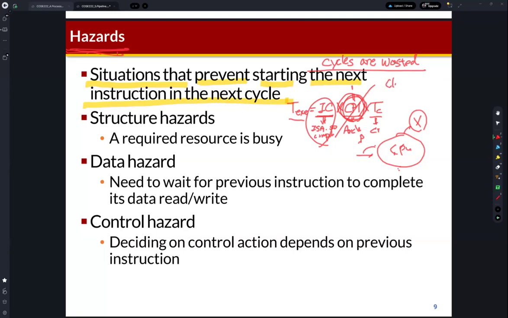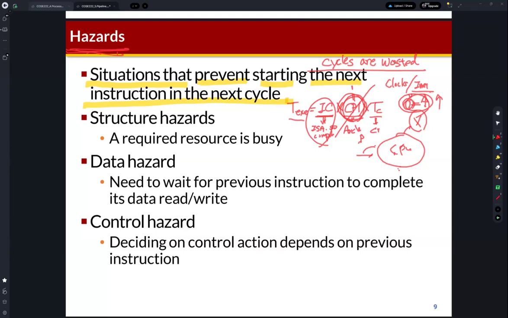It's clocks per instruction, and we assume this is one for the ideal CPU, so executing an instruction consumes just one clock cycle. But clock cycles can be wasted, so CPI can be larger than one.